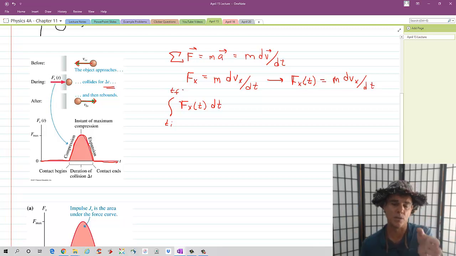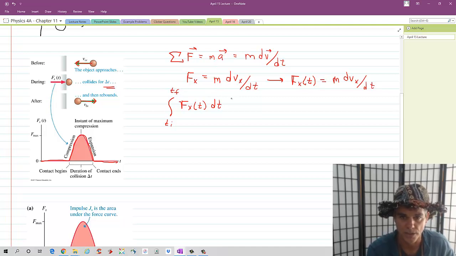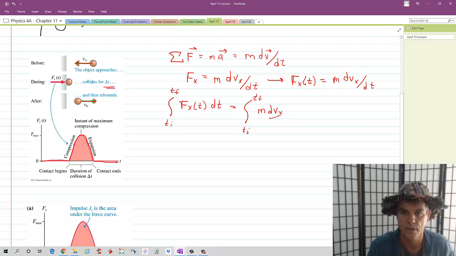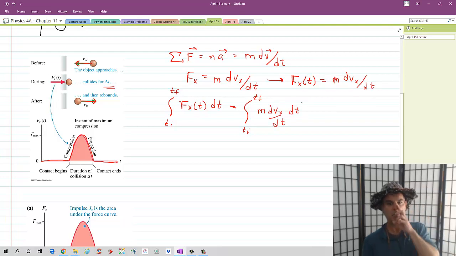So t initial is when the collision starts, t final is when the collision ends. And this equals the integral from t initial to t final of m times dvx/dt times dt.